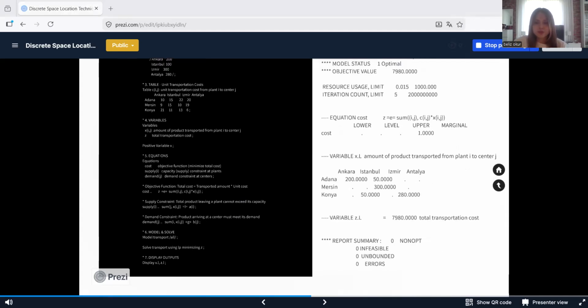Objective cost variable Z. If you look at the output on the right, the objective value is 7,980. The exact same optimal solution we found for Konya, calculated in a fraction of a second.